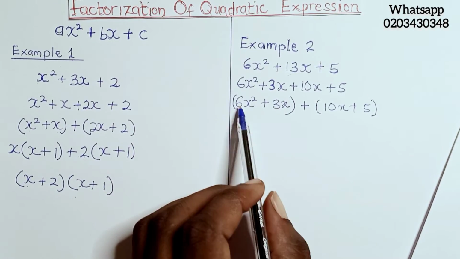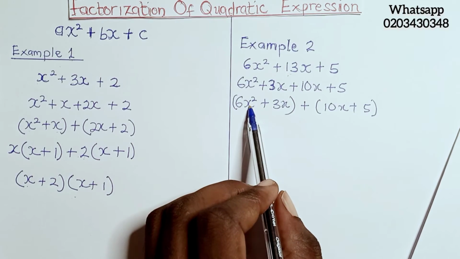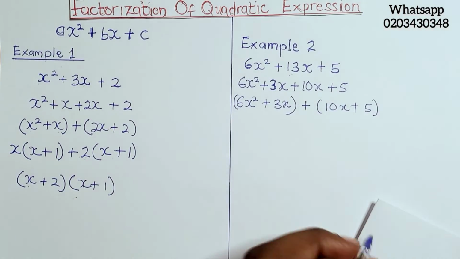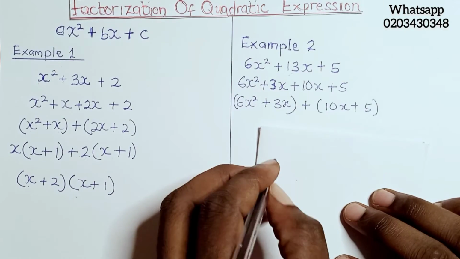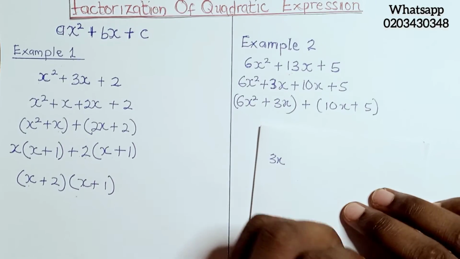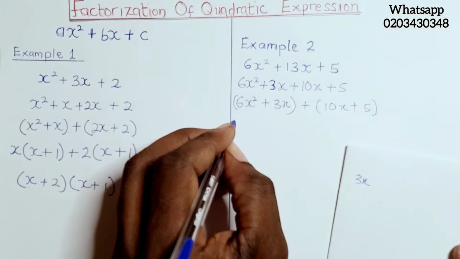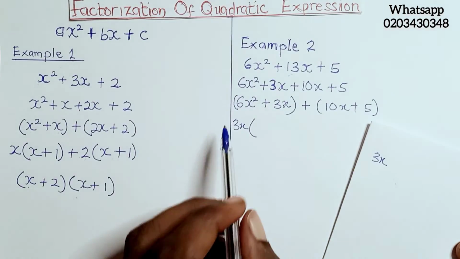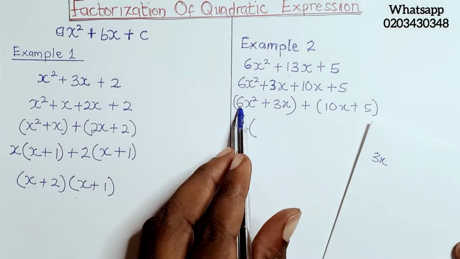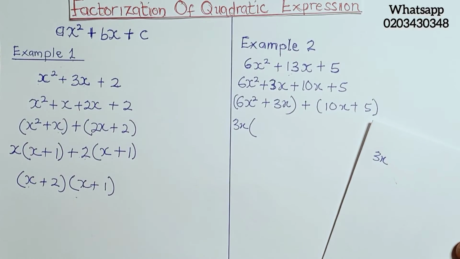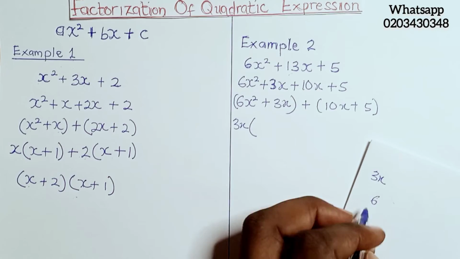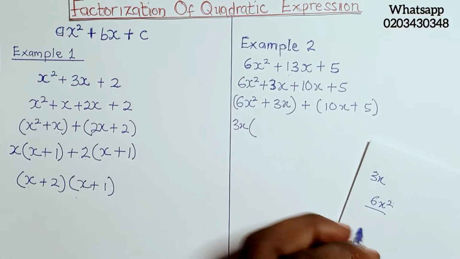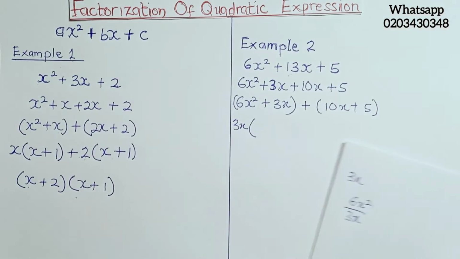So 3 can divide 6, x can divide x. So the first factor will be 3x. So let me write it here, 3x bracket open. We'll use that common factor to divide the first term, which is 6x squared. So 3x will be the denominator.